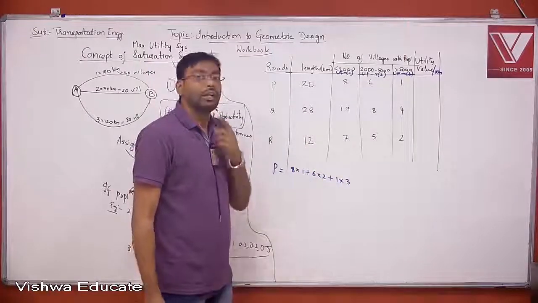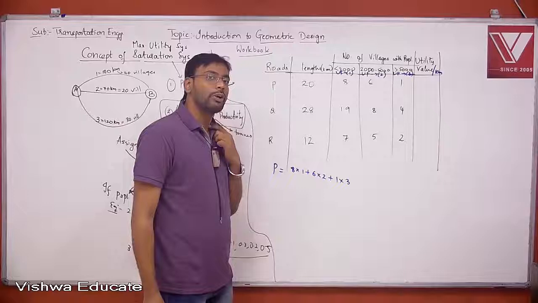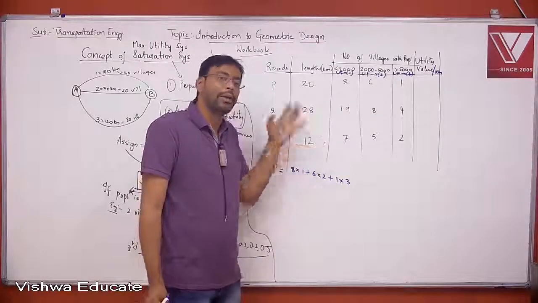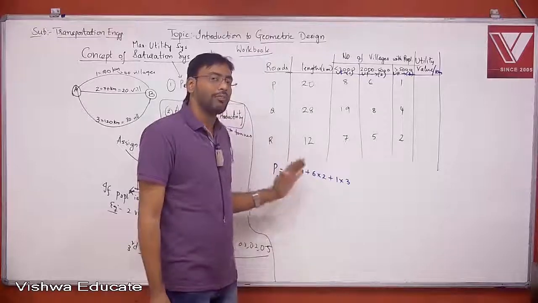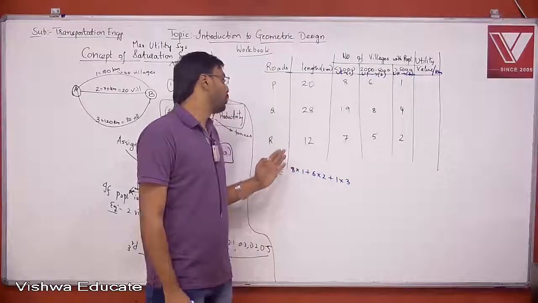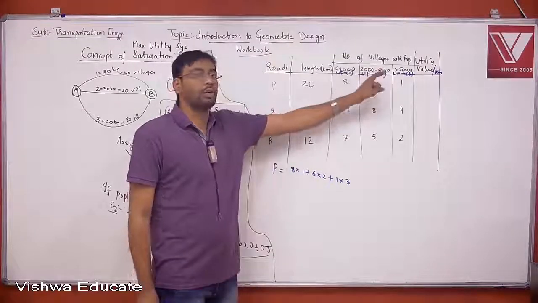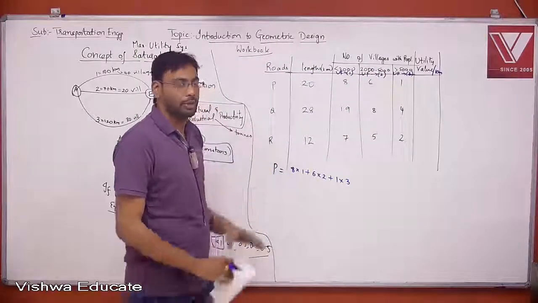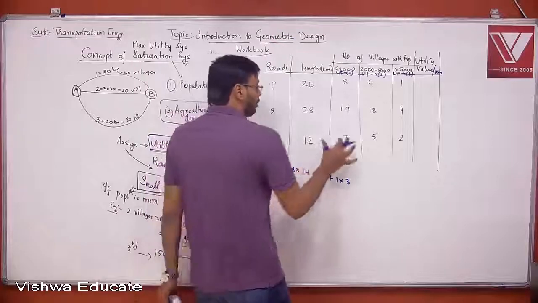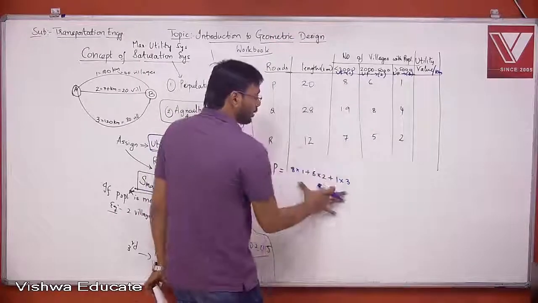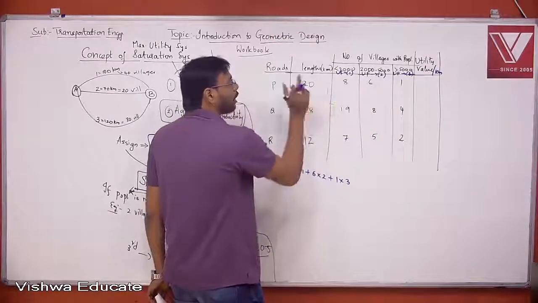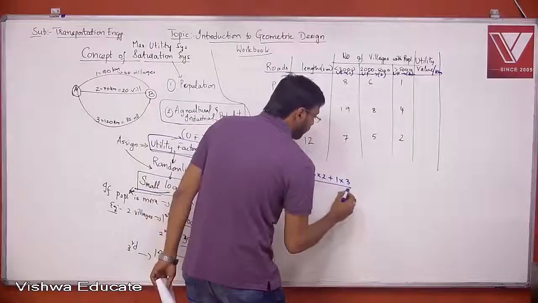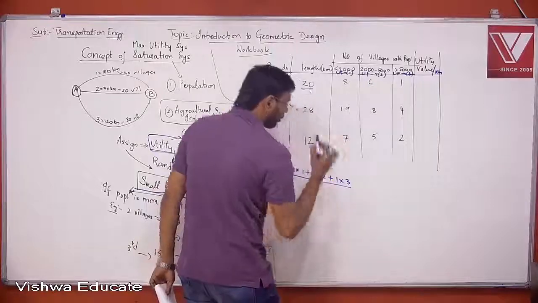But here you don't want the individual utility values, you want the order of sequence. So you need to compare the roads which exist, and for its comparison you need to calculate the utility value per kilometer, because each road has a different length. This much is the utility value for 20 kilometers. For 1 kilometer, how much is the utility value?